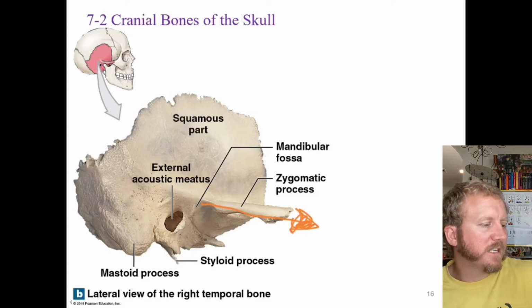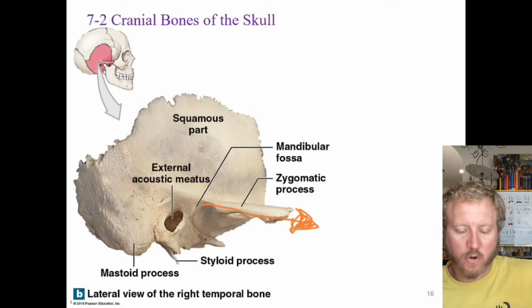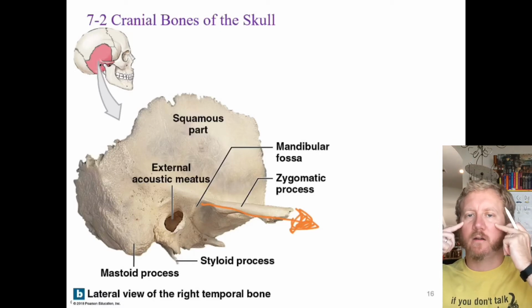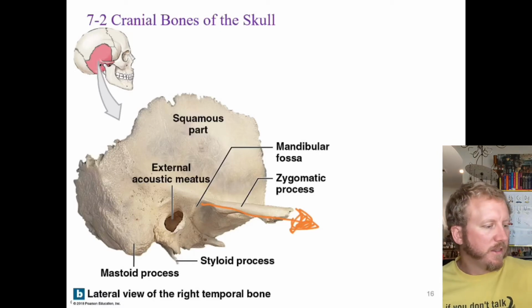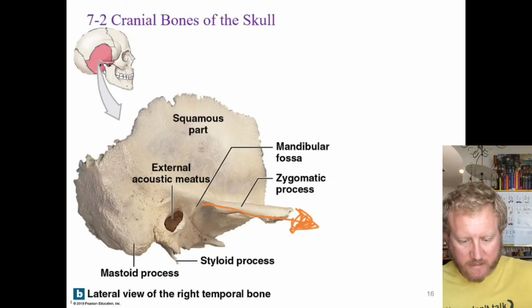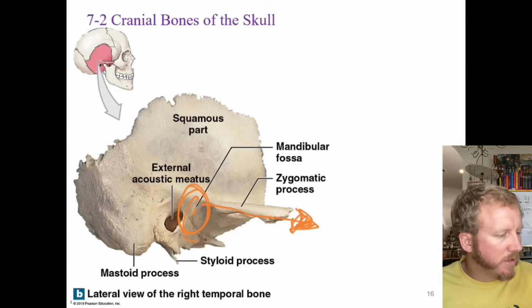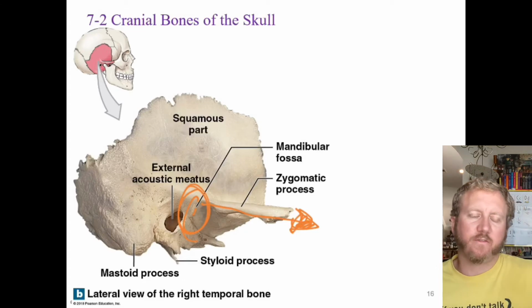It articulates with the temporal process of the zygomatic bone and creates the zygomatic arch. And so that's basically your cheekbone right here, that zygomatic arch. Then we have the mandibular fossa, which is just behind it, this flat space right here, which is the site of articulation for the mandible.